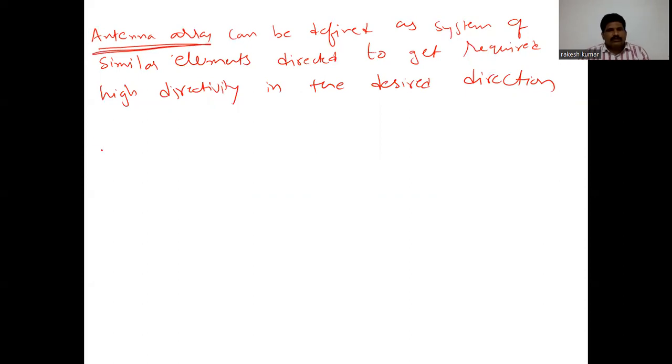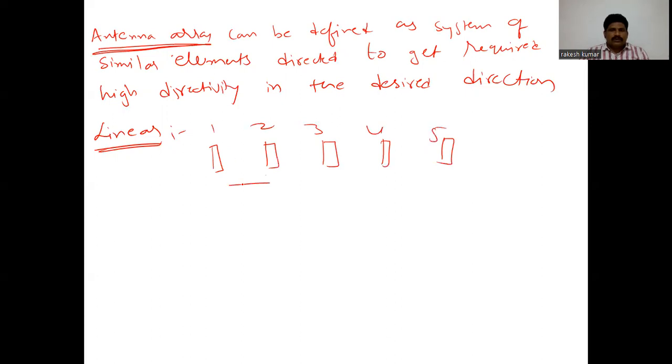Similarly, an antenna array is said to be linear if all the elements, here elements meaning antennas, are equally spaced. For example, this is one antenna, this is another, this is the third, the fourth, the fifth: 1, 2, 3, 4, 5.